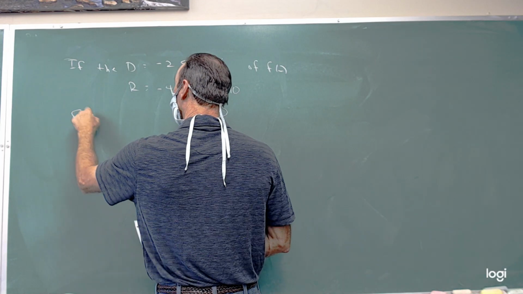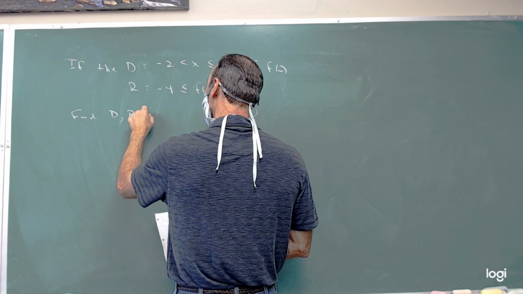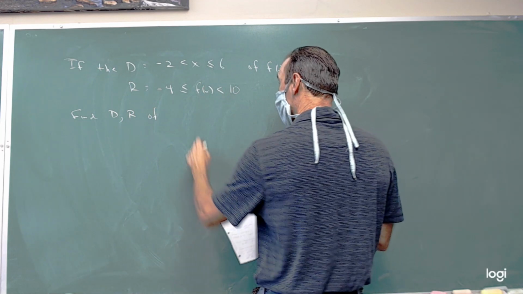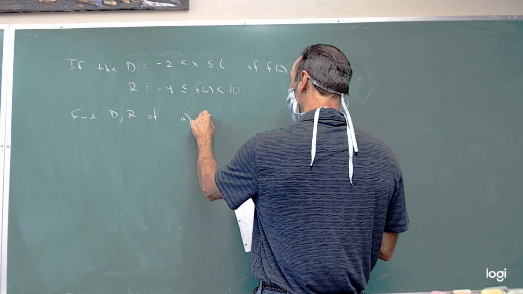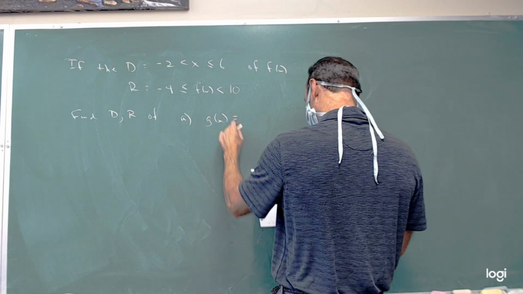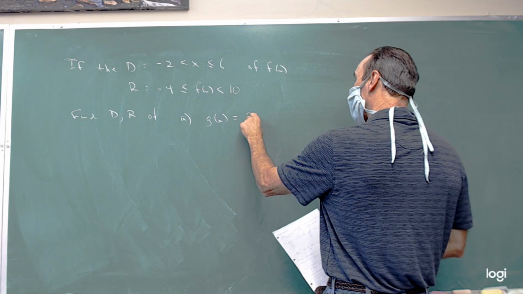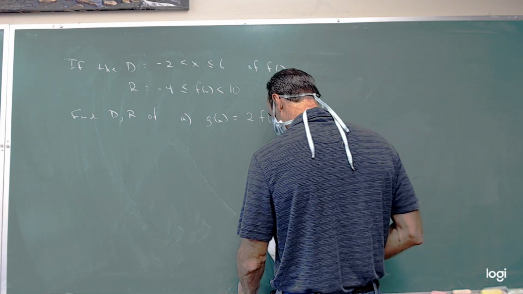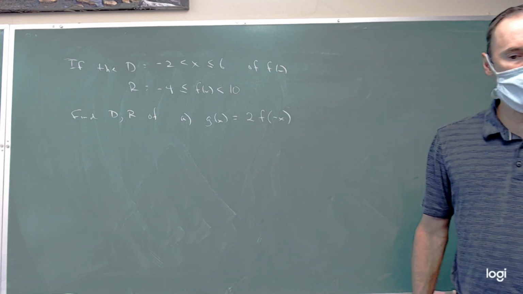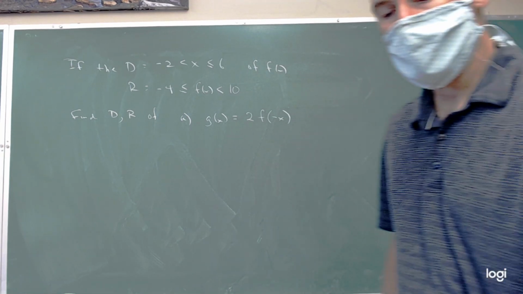Can we find the domain and range of, first of all, like I said, we'll be gentle here, g of x equals 2 times f of negative x?